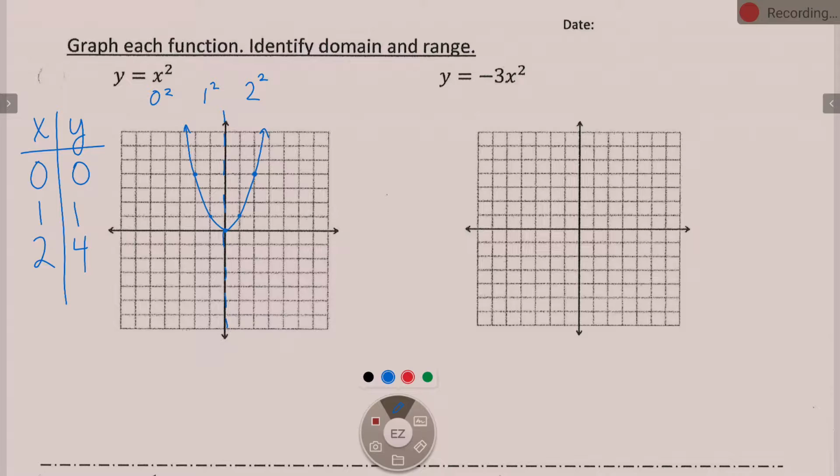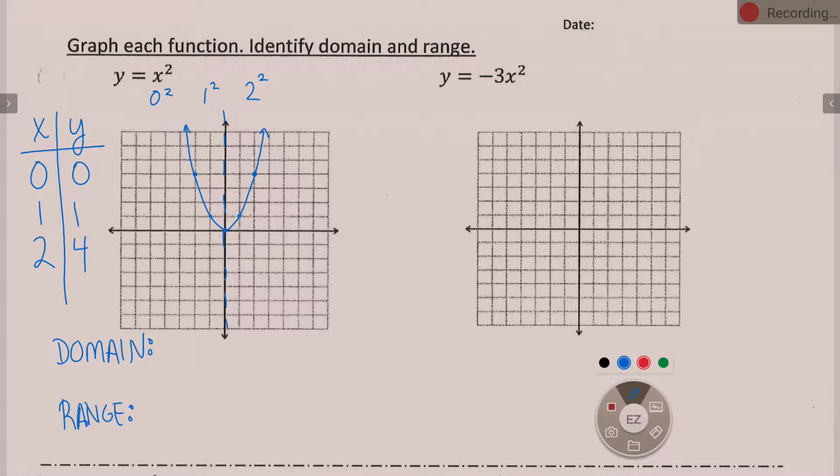Now, before we move on from this one, it does ask us to talk about domain and range. We talked about domain and range.